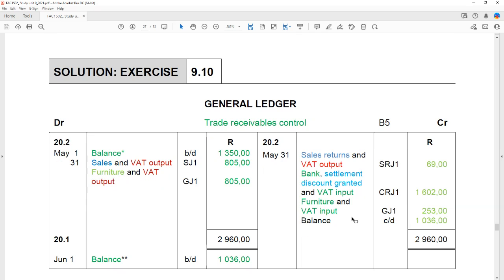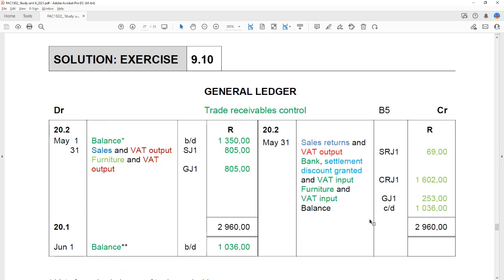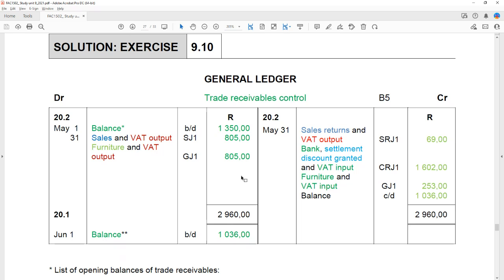So now we will have to add up the two sides. We will add up the debit side and get an amount of 2,960. We're going to add up the credit side, and we're going to see it's less than 2,960. So the column with the biggest amount will then be used as the total.